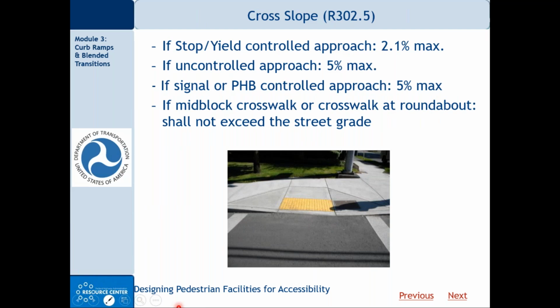If the approach is controlled by a traffic signal or a pedestrian hybrid beacon, 5% max. And if it's a mid-block crosswalk or crosswalk at a roundabout, the cross slope shall not exceed the street grade. So those are the cross slope requirements for perpendicular ramps. I hope that addresses the question I think someone had earlier about cross slopes at intersections or at crosswalks.